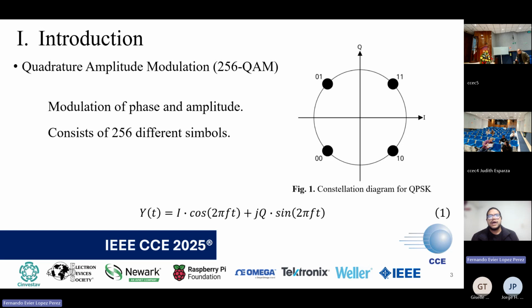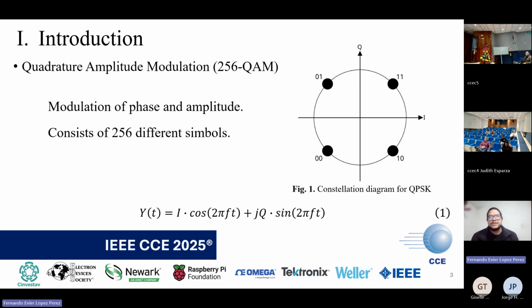Here we can see that we have a cosine and a sine, and we have two main components. We have I and Q. I corresponds to the in-phase component of the signal and represents the real part of the signal, and Q corresponds to the quadrature component of the signal, and it corresponds to the imaginary part of the signal.